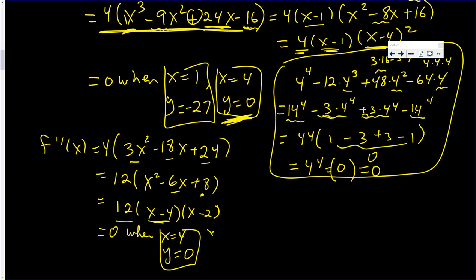And when x equals 2, well, it's going to be 2 to the 4th minus 12 times 2 cubed plus 48 times 2 squared minus 64 times 2. Okay, all right.